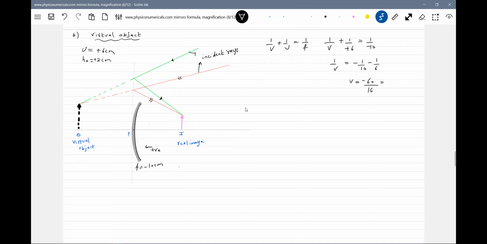So this should be equal to 30 by 8, that is 15 by 4. So v equals 3.75 centimeter. Then linear magnification.